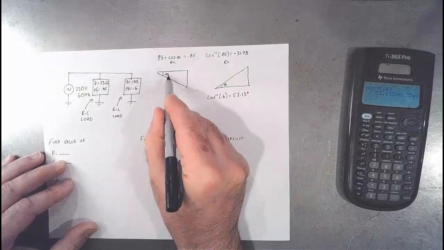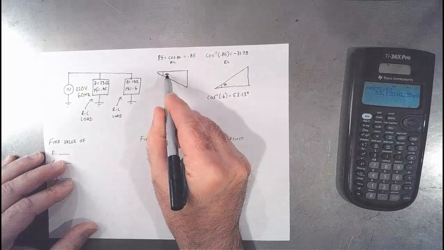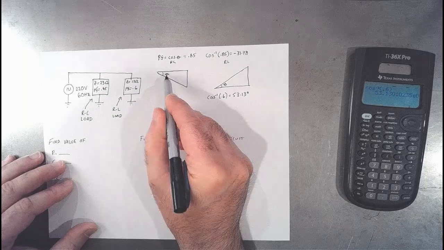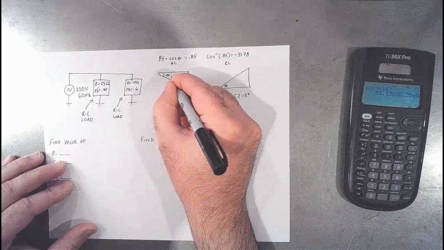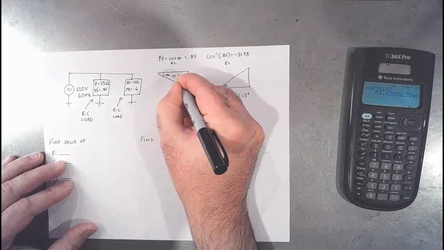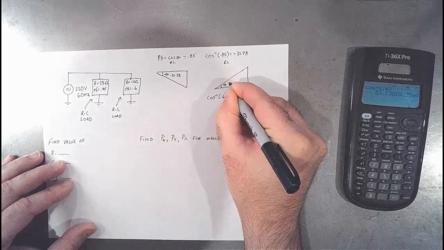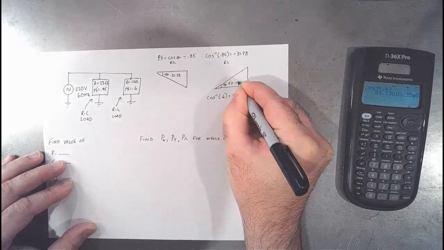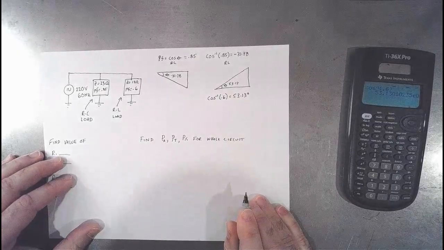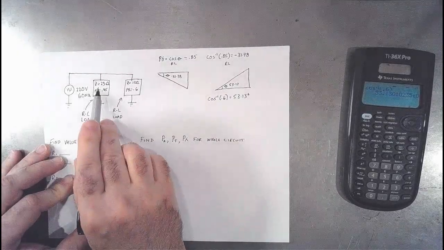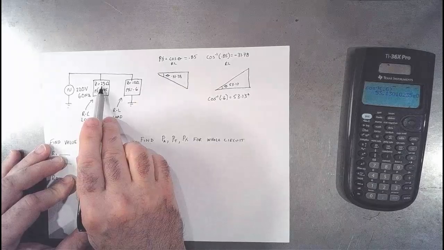Okay, so the angle of this triangle is negative 31.78. I'll say it here, negative 31.78. And the angle of this one here is 53.13 degrees.